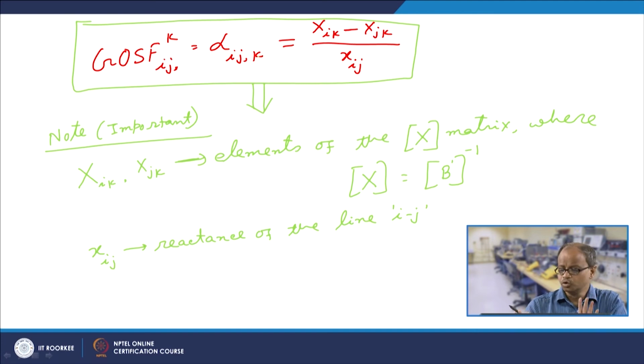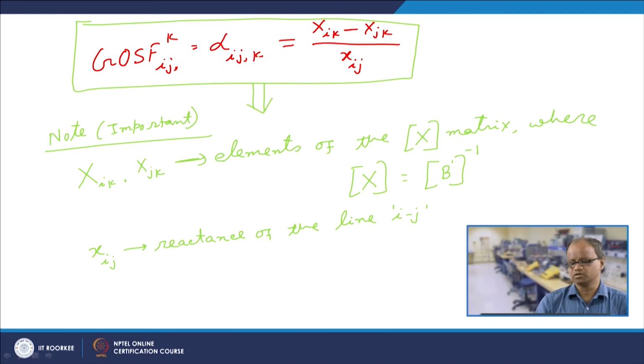So, we will first pre-calculate the sensitivity factors and store them, and after that, whenever there is an outage of any generator, we will simply recalculate the new power flow over all the lines by the expressions we have already seen in the last lecture.